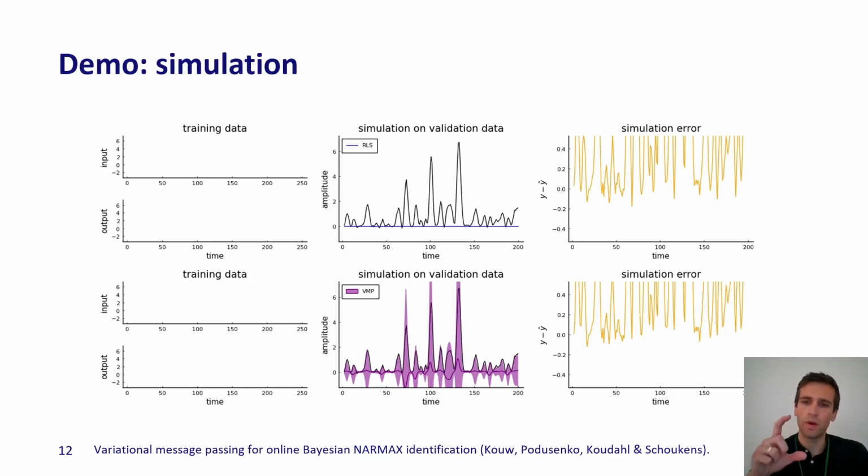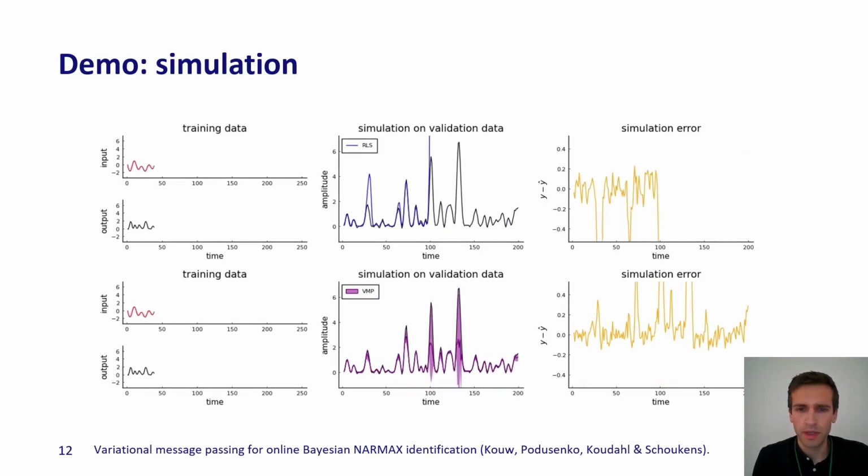It has a wide uncertainty band around that, and is going to focus on minimizing its prediction error for those regions. And on the right column, you'll see simulation errors, so the difference between the actual validation output and the predicted, simulated validation output. And you'll see the VMP method generating smaller values earlier on.